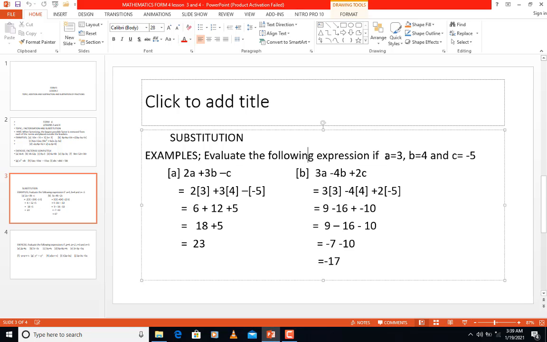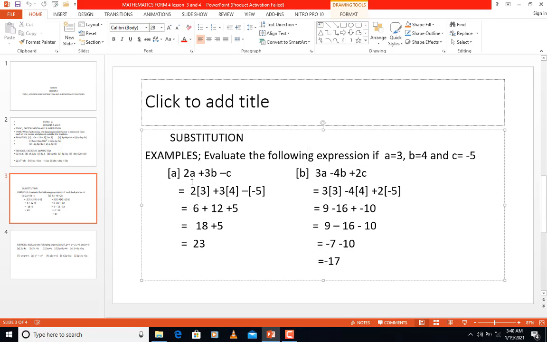For instance, here they say if A is equal to 3, B is equal to 4, and C is equal to -5. So these are the values for the letters. To substitute, you are removing all those letters and substituting with the value of those letters.